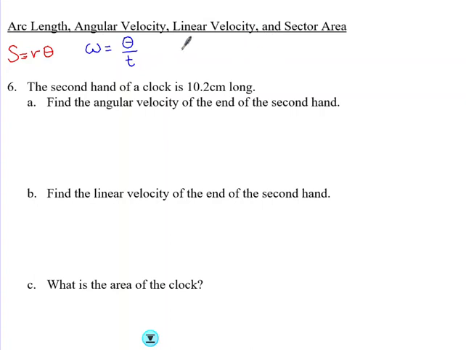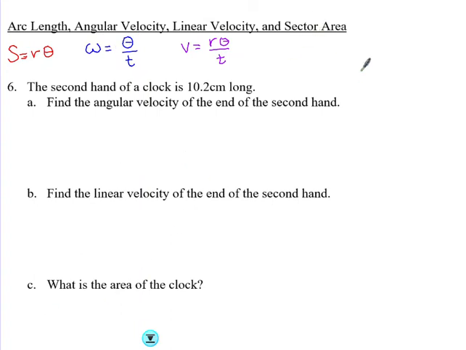Linear velocity, which we'll use the letter v for, is r theta over t. Radius times the angle over time. You can see that this is a combination of the first two formulas. You're either doing arc length over time, or you're doing the radius times the angular velocity.